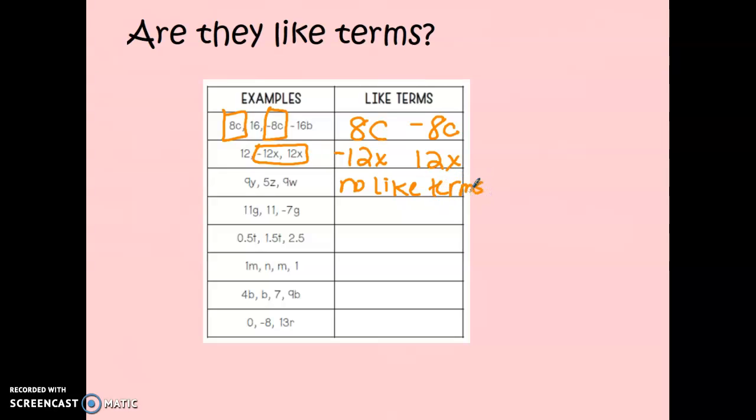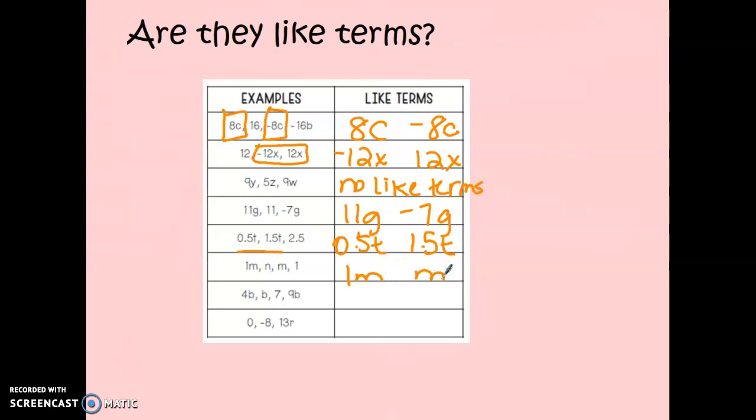All right, and then we have 11g and negative 7g. In our next group, we've got half times t and 1.5 times t. Then our next group, we've got 1m and m.